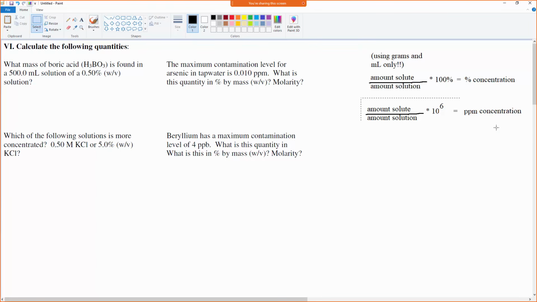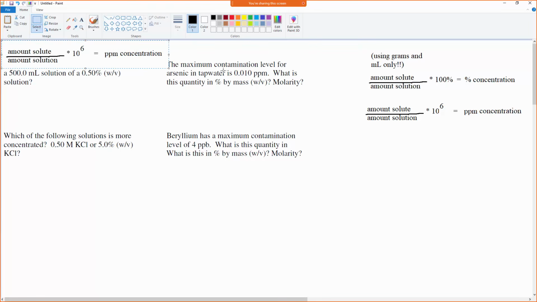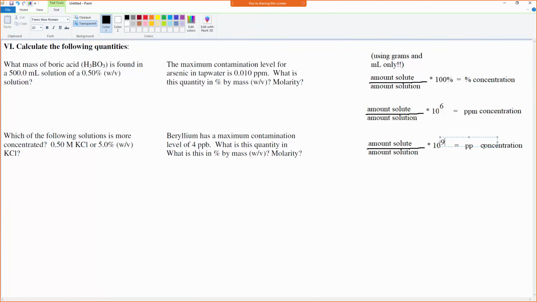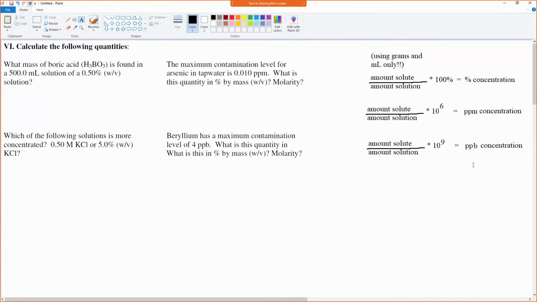And I can do the same thing if I multiply it by 1,000,000,000, then that gives me parts per billion concentration, right? Technically, I can multiply it by 1,000,000,000,000, and that gives me parts per trillion concentration, although it's a little hard to get something that dilute.